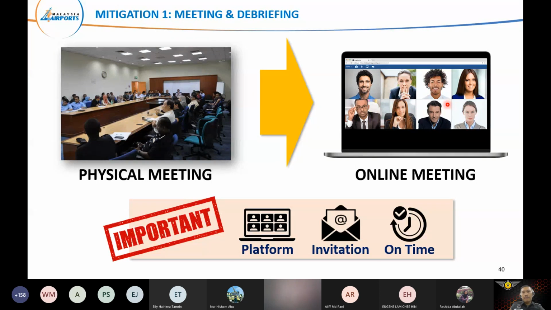Then the invitation must go directly to the people that need to attend, because if we send an invitation email to, for example, a senior manager, maybe the senior manager cannot attend, so maybe he needs to pass it over to his subordinate. So when we invite, make sure we invite the proper person who needs to attend the meeting.